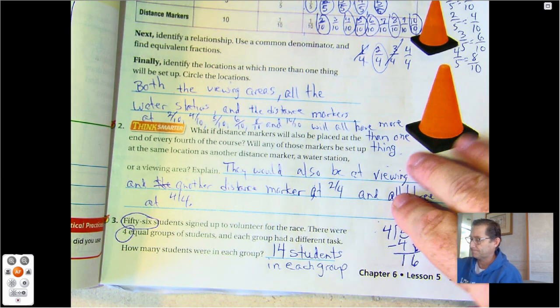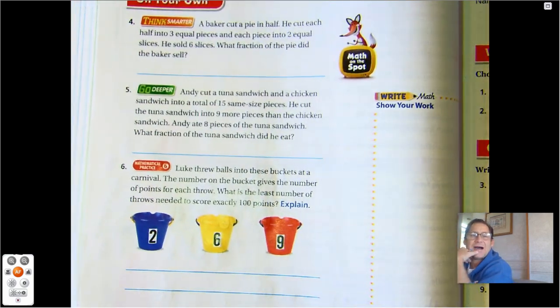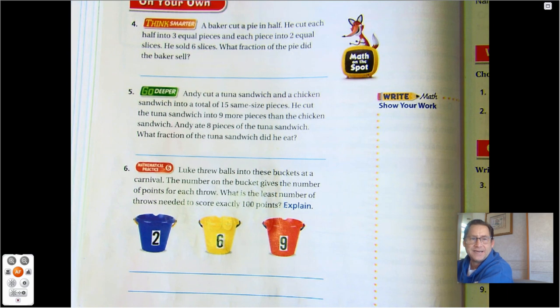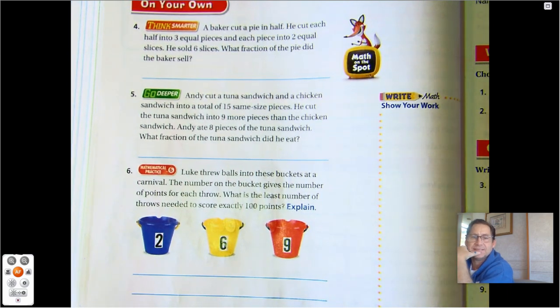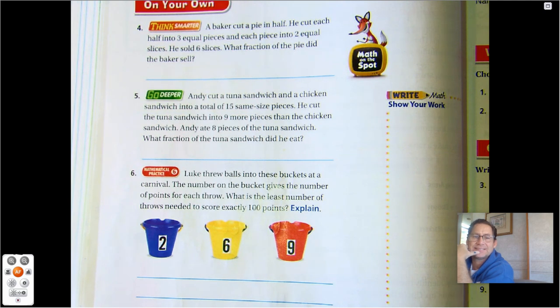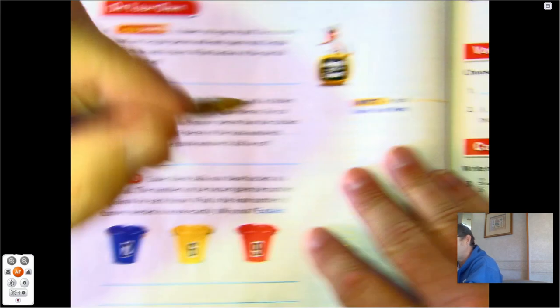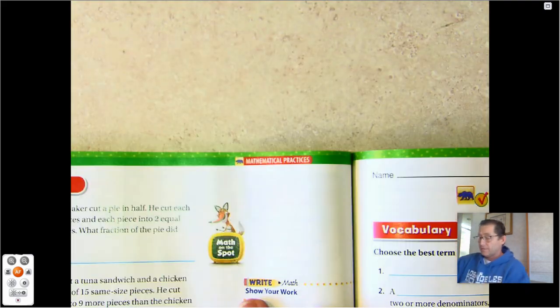Number 4. A baker cut a pie in half. He cut each half into 3 equal pieces, and each piece into 2 equal slices. He sold 6 slices. What fraction of the pie did the baker sell? Wow. So if we have the pie, and that's the whole.